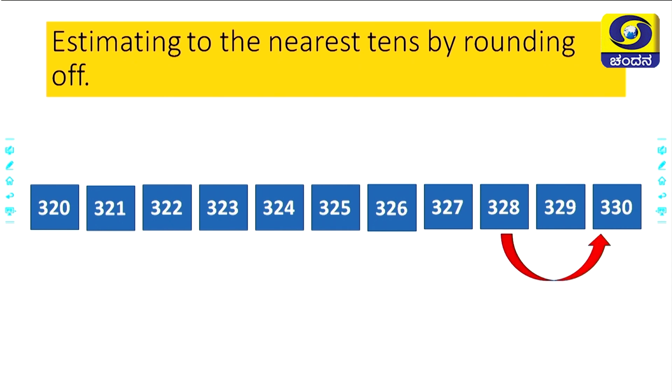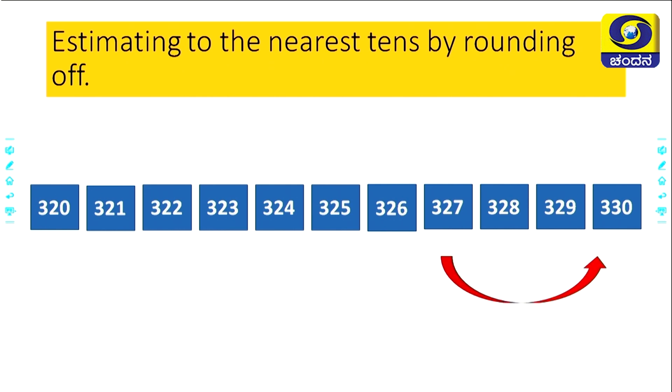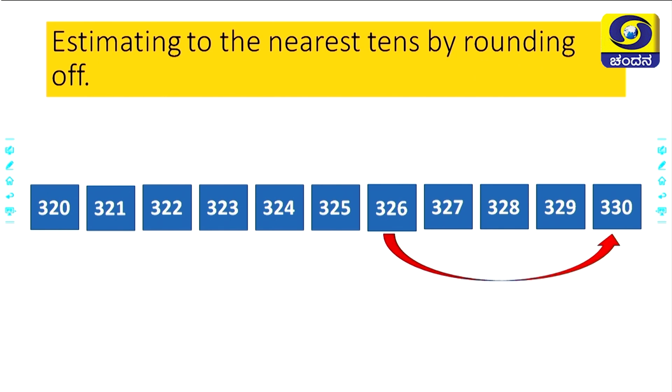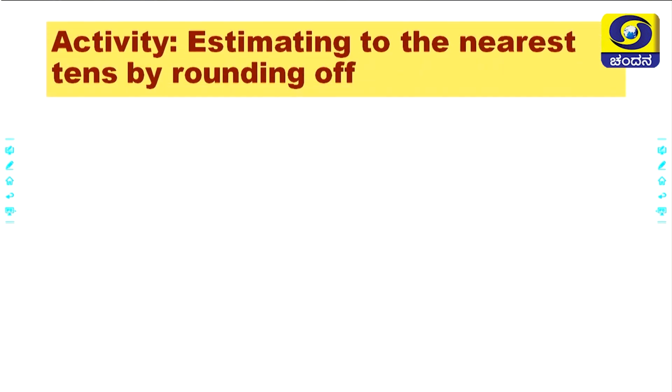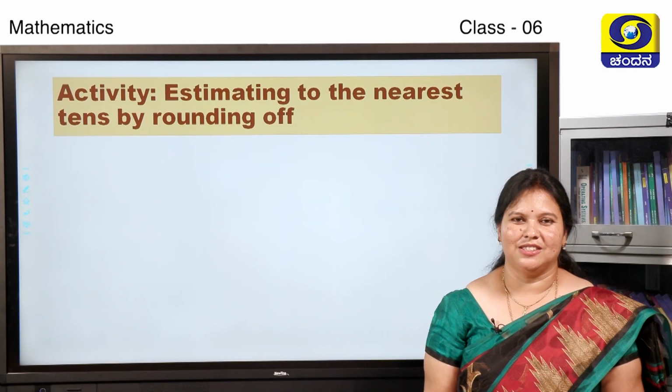Similarly, 328 is nearer to 330, so we round off 328 to 330. In the same way, 327 is rounded off to 330 and 326 to 330. 325, in common practice, we round off 325 to 330. I think you have understood how to estimate to the nearest tens.